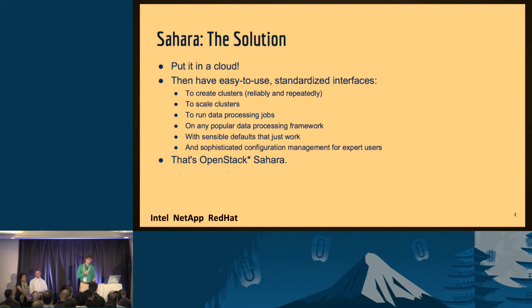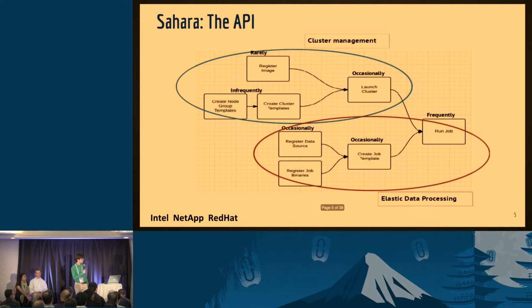We give you easy configuration options that just work, as well as very sophisticated in-depth configuration management for those who know how to use it and want to. And that's fundamentally what we do in OpenStack Sahara. We have 2 fundamental APIs, the Cluster Management API up top, and the Elastic Data Processing API down at the bottom. And the Manila integration that we're going to be talking about actually touches both of these at different points. We'll be talking about that in a bit.